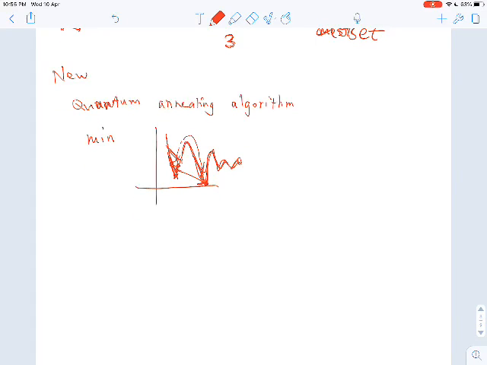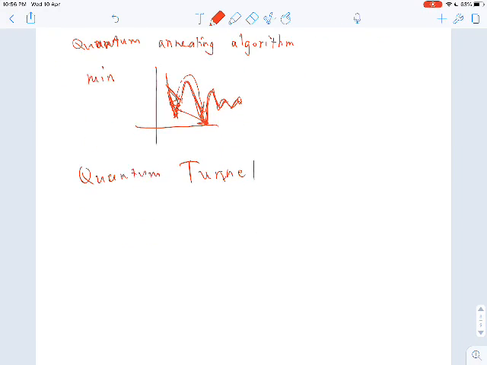But in quantum annealing algorithm, we have the quantum tunneling effect. It's like we can directly jump through the function into this part and get a better minimum. But actually, we haven't built such a quantum computer to implement the algorithm.